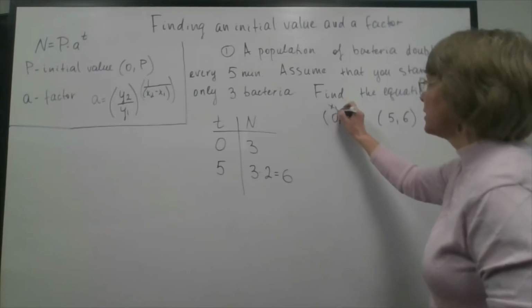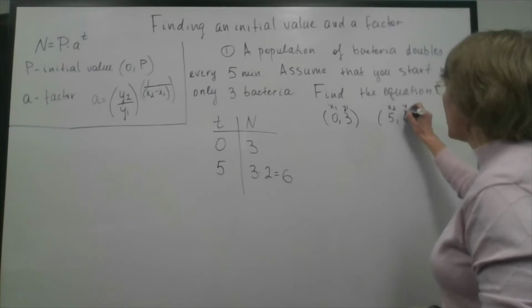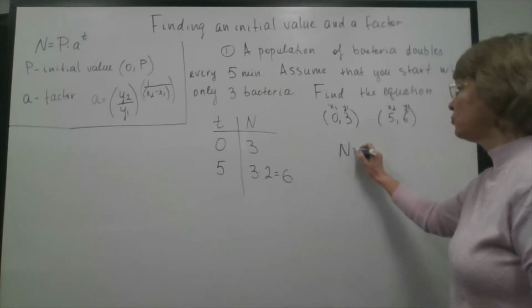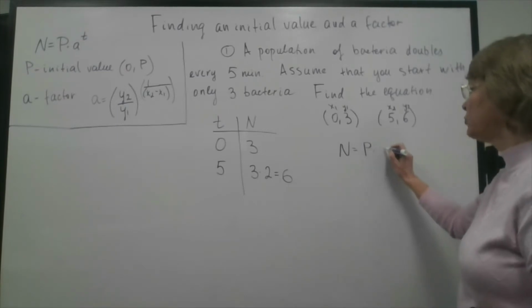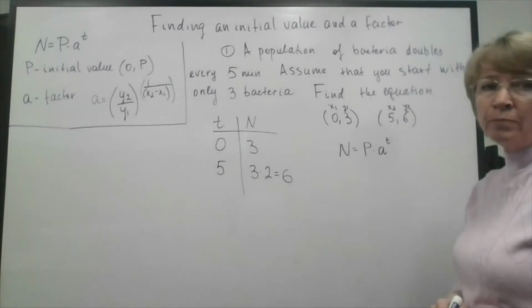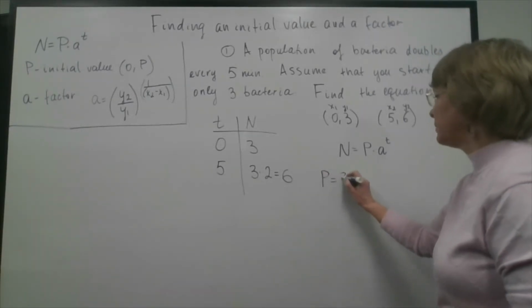This is x1, y1, x2, y2. We need to find the equation, so we will start with N equal to P times A to the t power. Do we know P? Yes, we know P. P is 3.